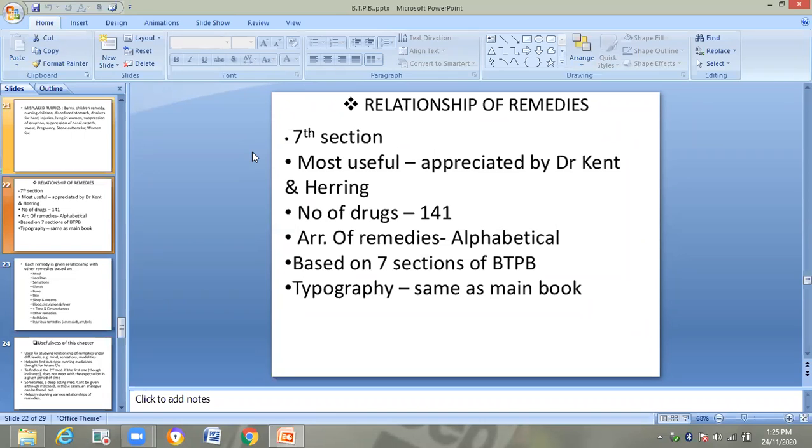The number of drugs in this section is 141. The arrangement of remedies is alphabetical and it is based on the 7 sections of BTPB. The typography used in this section is the same as the main book.